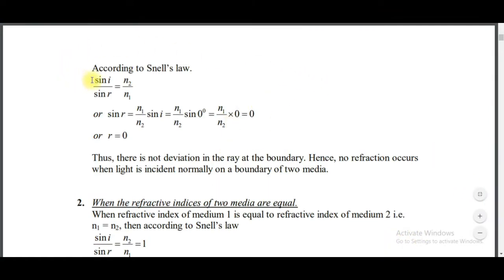We use Snell's law, sin i by sin r equals n2 by n1, so sin r equals n1 by n2 times sin i. Sin 0 is 0, and 0 times anything is 0, so the angle of refraction is also 0. There is no deviation of the ray at the boundary, hence no refraction occurs. When the ray falls at exactly 90 degrees to the interface of the two media, there is no refraction taking place.